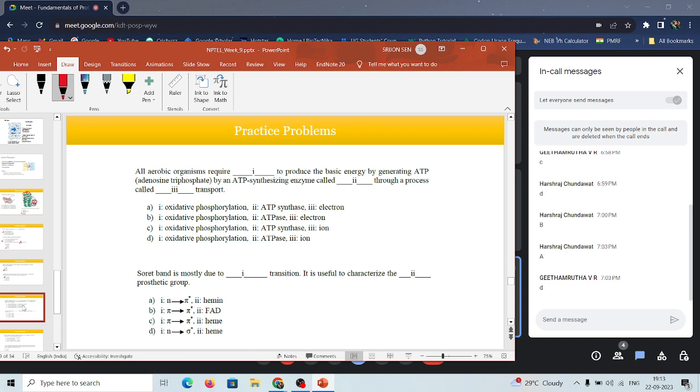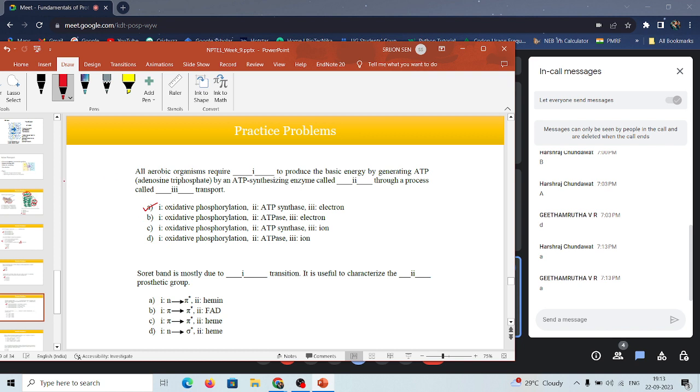Then an ATP synthesizing enzyme, and through a dash transport. Yes, that is the correct answer: oxidative phosphorylation, ATP synthesizing enzyme called ATP synthase, and through a process called electron transport. So option A is the correct option.